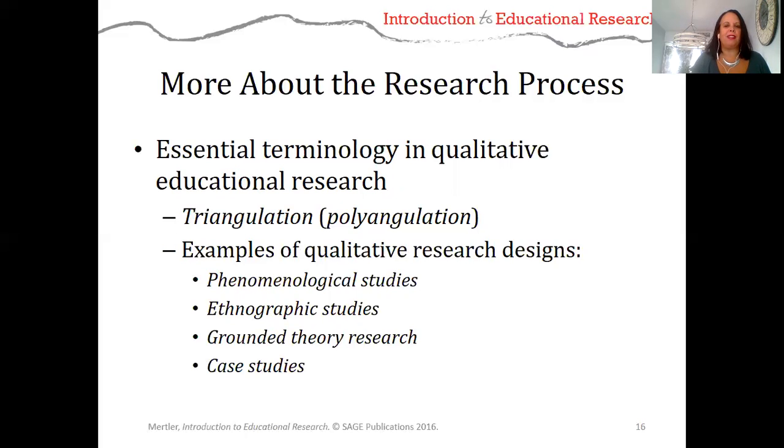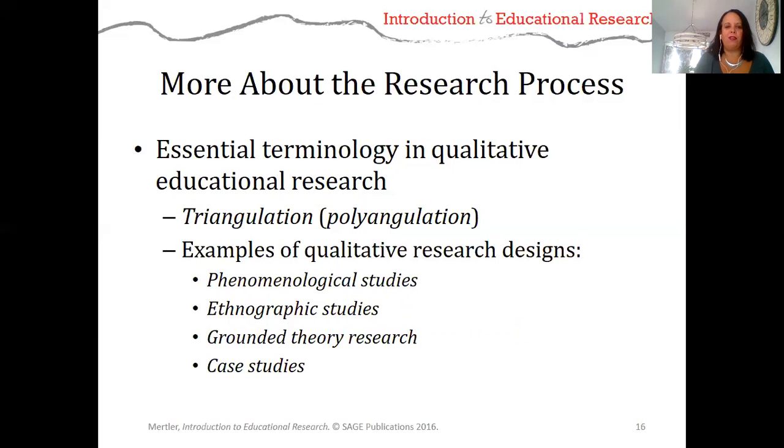Now, the experimental design and quasi-experimental design that we just talked about, and the non-experimental designs, are typically used in more quantitative research, where you have a hypothesis and you're doing hypothesis testing.